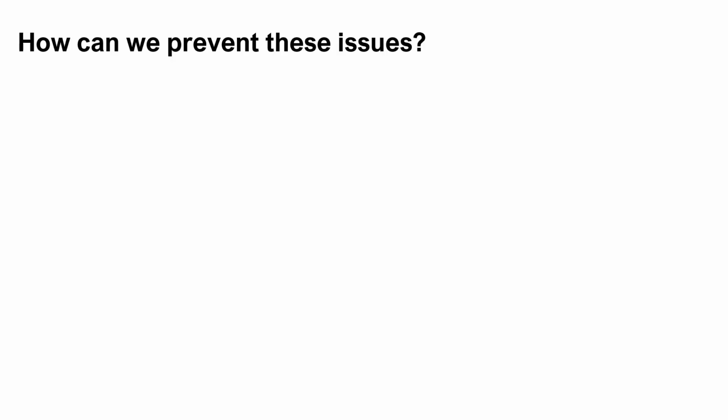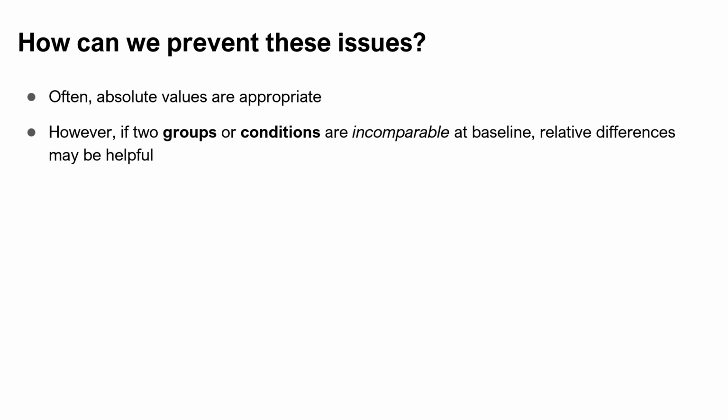So how can we prevent the confusion of potentially getting different outcomes when using the two different kinds of measures? So often absolute values are appropriate, but when we have two different groups or two conditions that are not comparable at baseline, it might be helpful to also look at relative differences, and it might also be quite important. And some studies will use and report both absolute and relative measures.